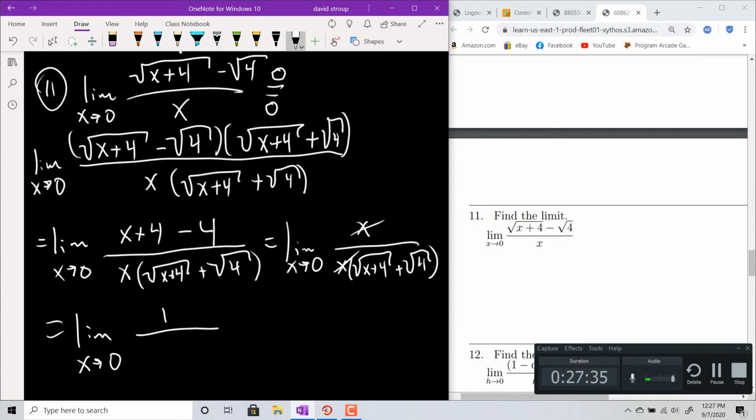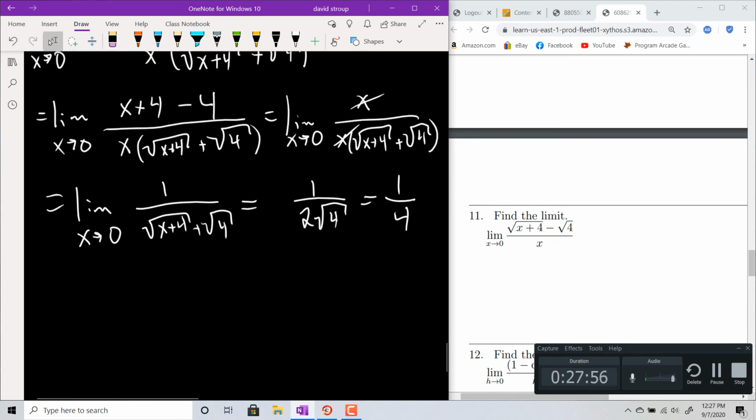So you have 1 all over square root x plus 4 plus square root 4. If you plug 0 in there, you get 1 over square root 4 plus square root 4. In other words, you have 2 square root 4s in the denominator. You don't have to rationalize that. Well, I guess it's silly to leave it that way, right? It's 1 over 4. Square root of 4 is 2.